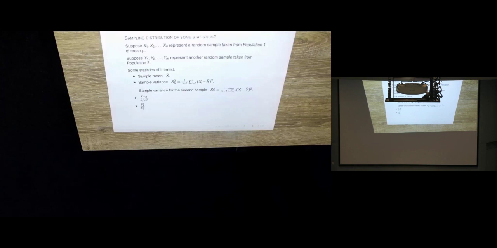The formula exists before you collect the sample, and it is the expression that you substitute your sample into once you have collected it. This formula is called a statistic, without the S at the end.